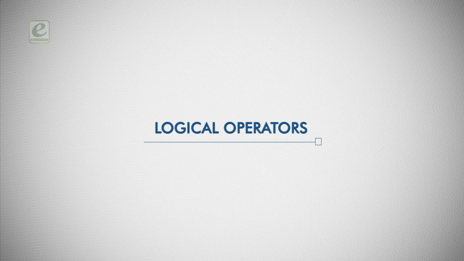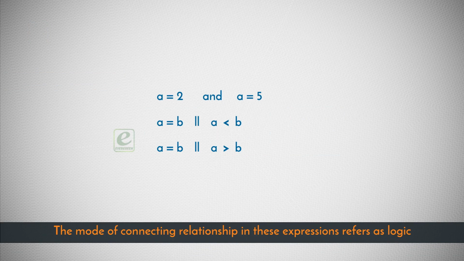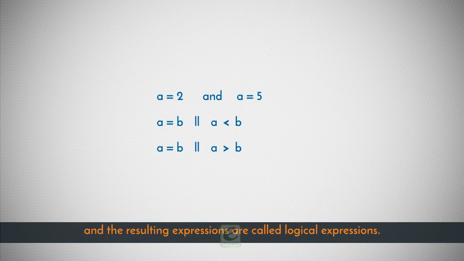Logical operators. Logical operators combine the results of 2 or more expressions. The mode of connecting relationships in these expressions is referred to as logic, and the resulting expressions are called logical expressions.